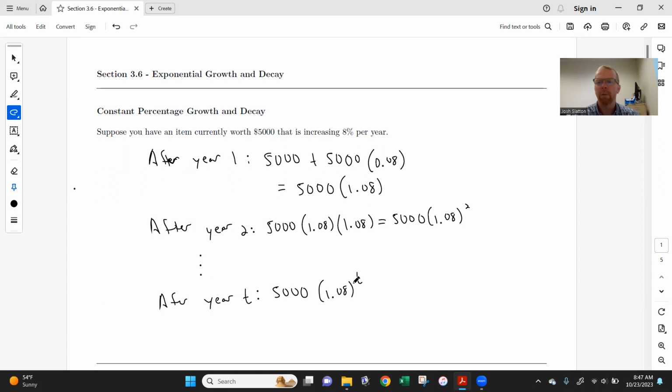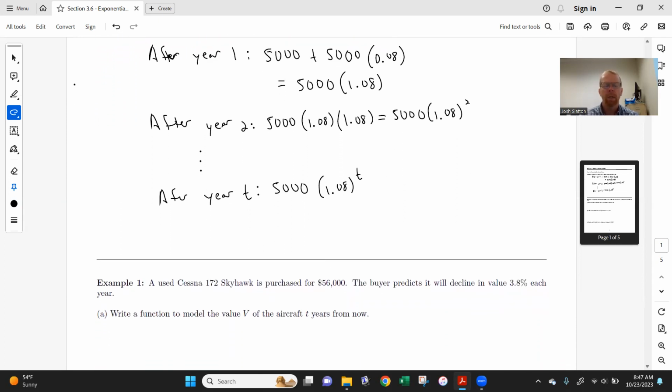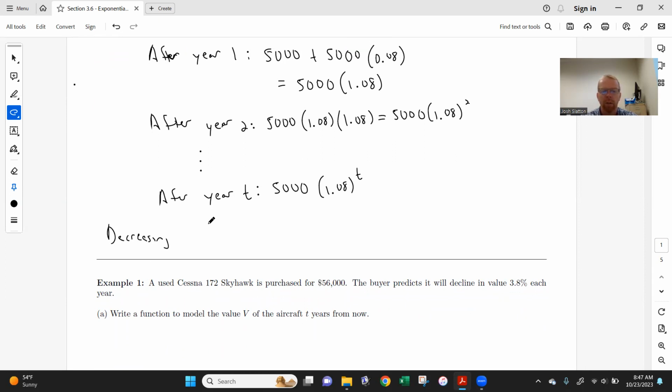And so that's the formula for something increasing at a particular rate per year. This is exponential growth. We can also do the same thing with decreasing. If we have a decreasing rate, all we do is the subtraction.